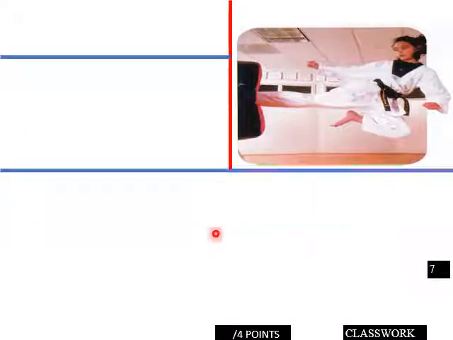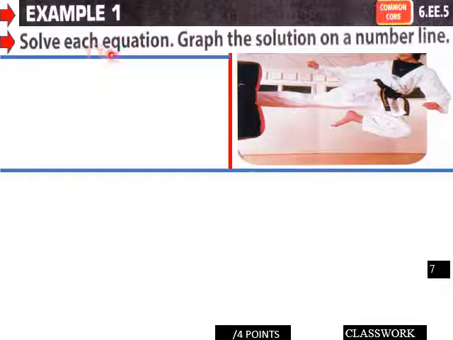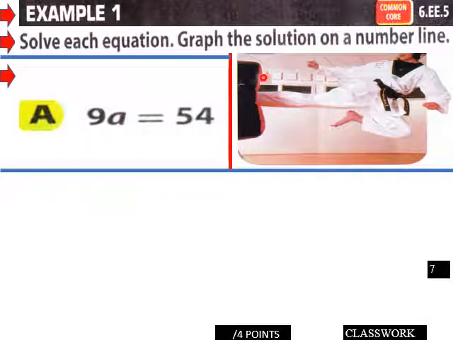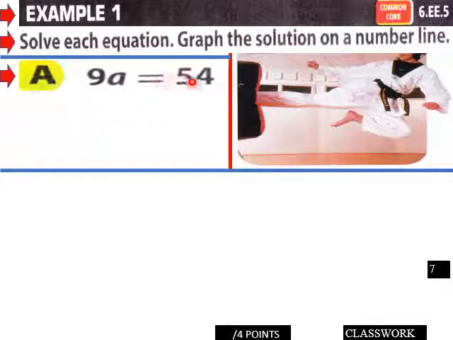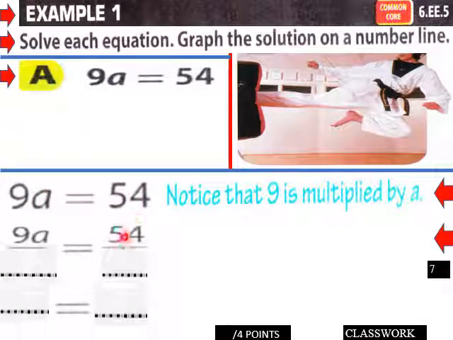Using that property, we're going to go into example 1. Solve each equation, and graph the solution on a number line. So we have 9a equals 54. How do we solve that? Notice that 9 is multiplied by a. So what do we divide both sides by, students? We're going to divide by 9.